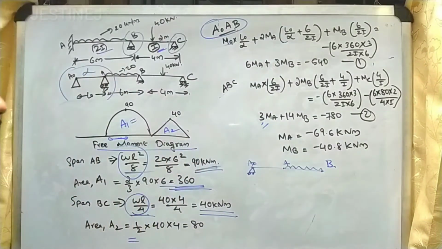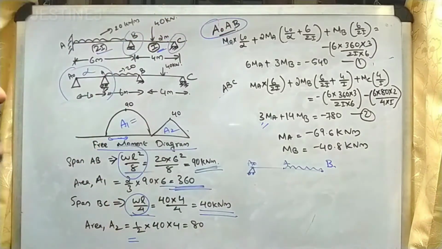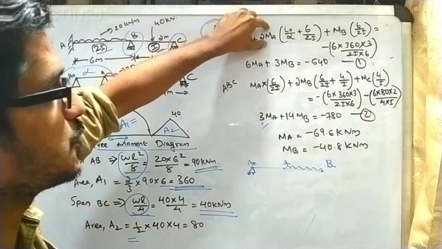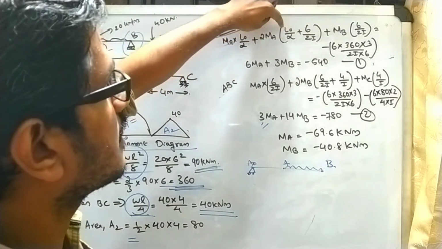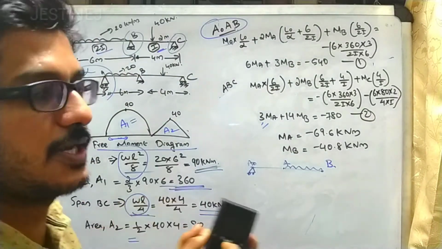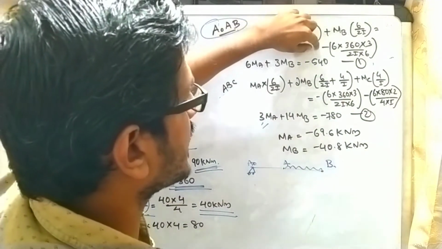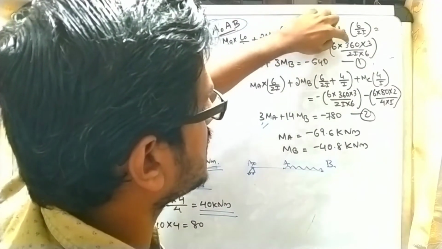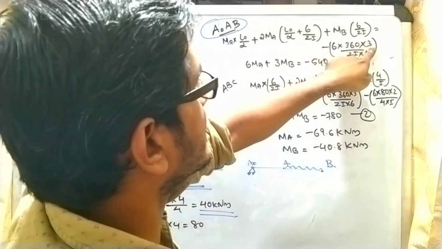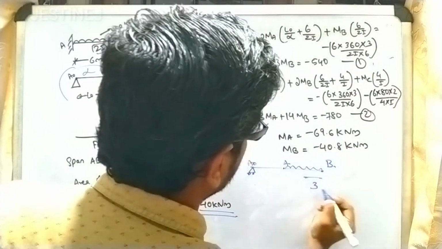Here you apply the three moment equation: M0 multiplied by L0 by infinity plus 2Ma multiplied by L0 by infinity plus 6 by 2I, minus 6 multiplied by area A1 multiplied by the center of gravity distance, that is 3.